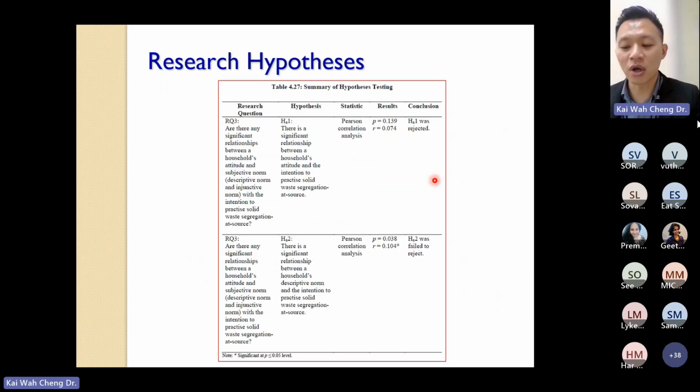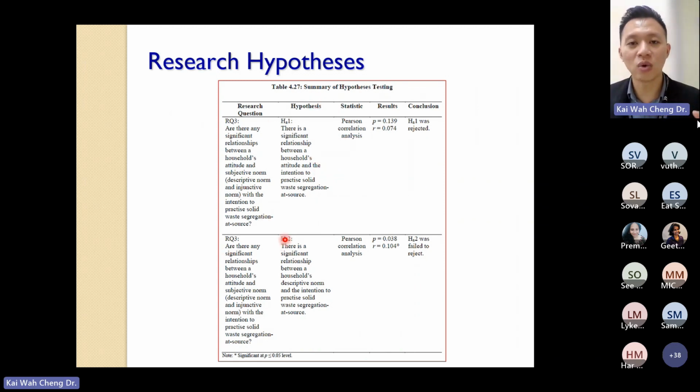At the end of the data analysis, you should be able to identify whether your research hypothesis is rejected or fails to be rejected, or significant or not significant, because in chapter 1 or 2, we already have the hypothesis statements with us.